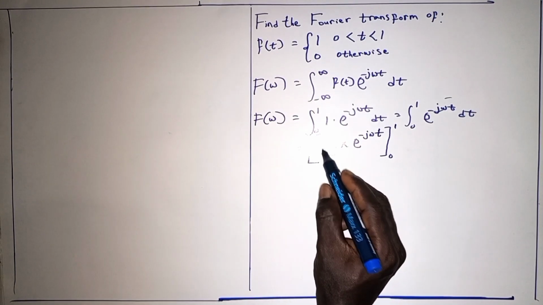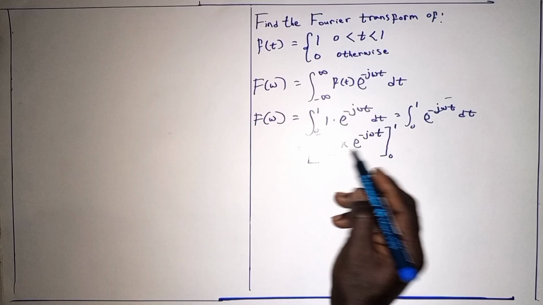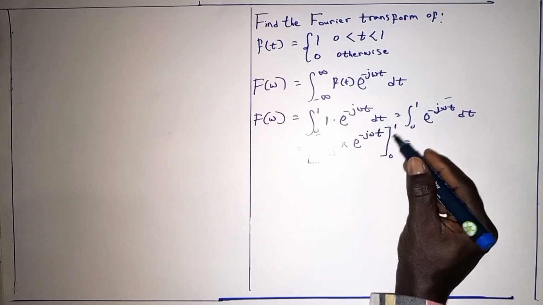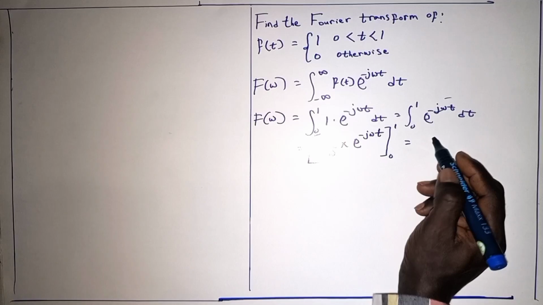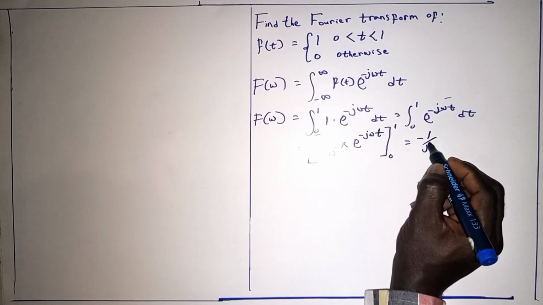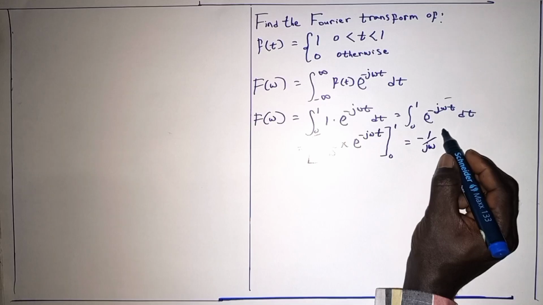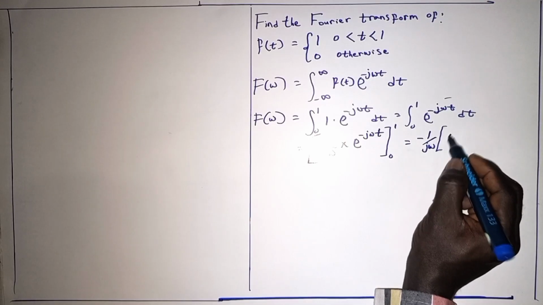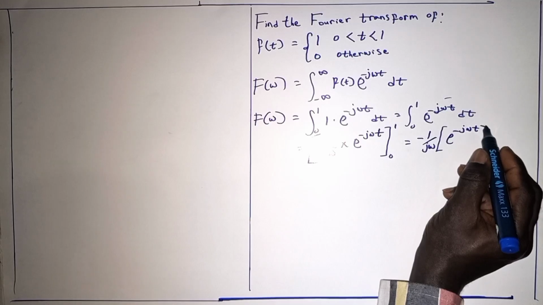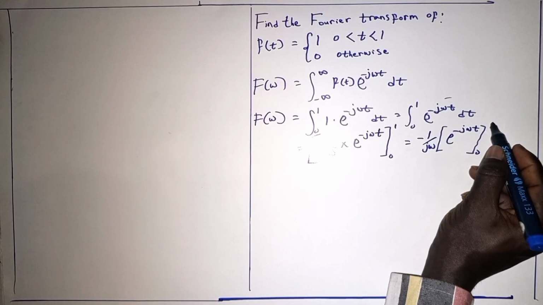This 1 over j omega is a constant, so you can bring it out; it is not involved in inserting the upper and lower limit. So you can see minus 1 over j omega, then we have e to the minus j omega t from 0 to 1.